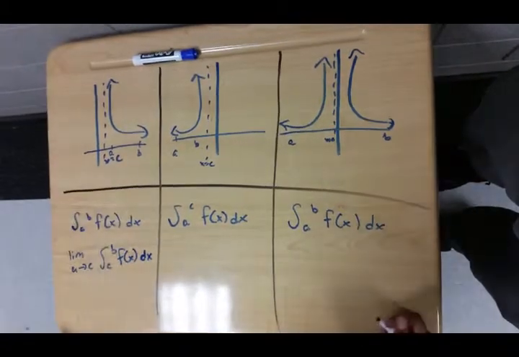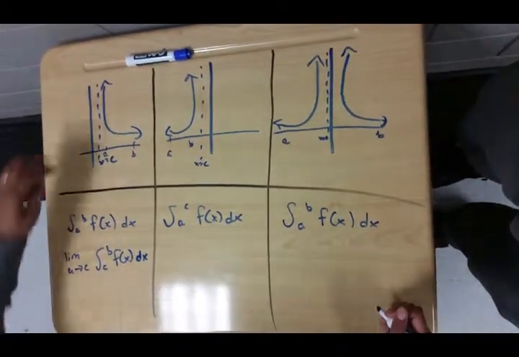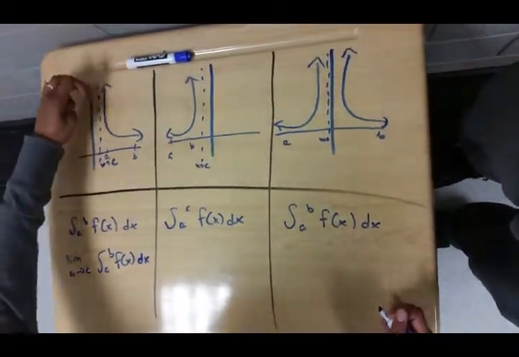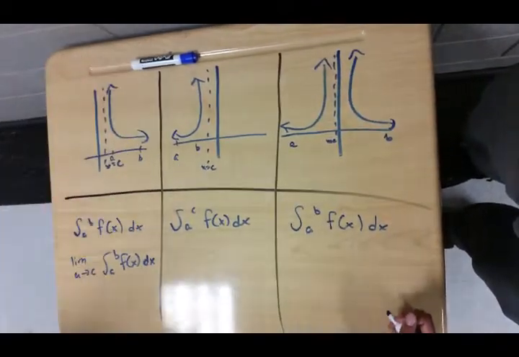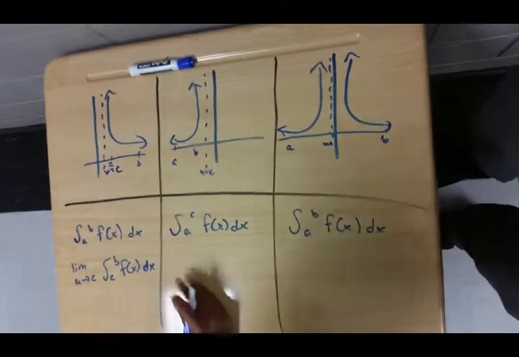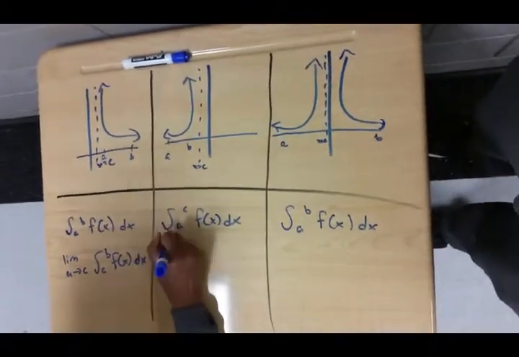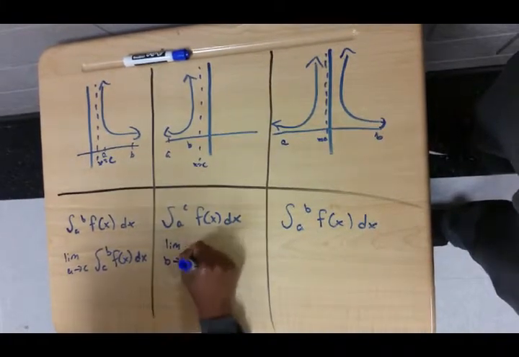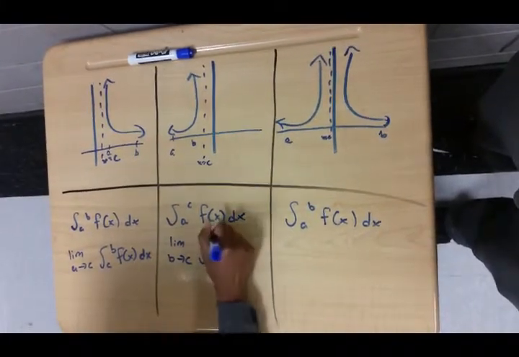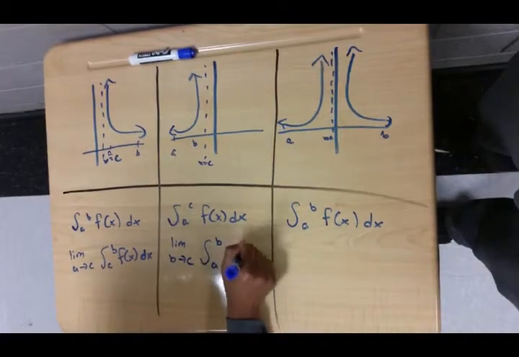And this is an improper integral because at an asymptote, it begins to get infinite as it never hits the value where it has a vertical asymptote. Okay, and then on this one, same thing. Limit as b goes to c, the integral from a to b of f of x dx.